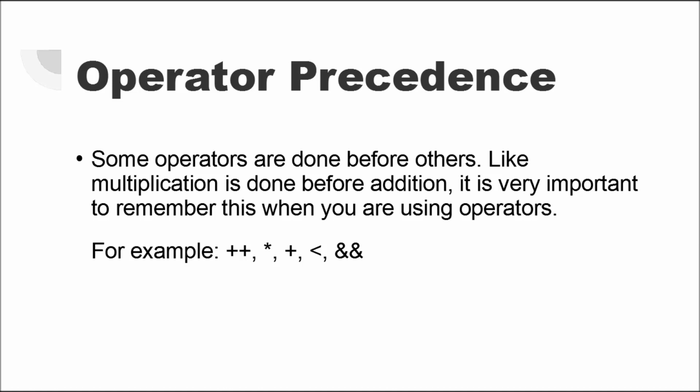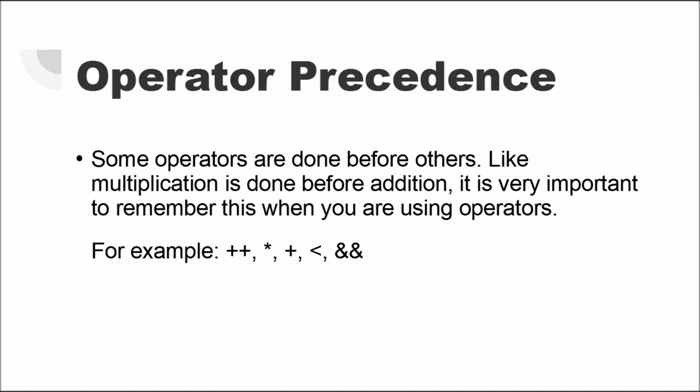An example of a list of this is plus plus, which is increase by 1, star or multiplication, plus addition, the less than, which is another type, and the and, which is a logical. Now remember this, this is not the full entire list. Obviously, there's a bunch of operators I'm missing here, but this just gives you the general idea.